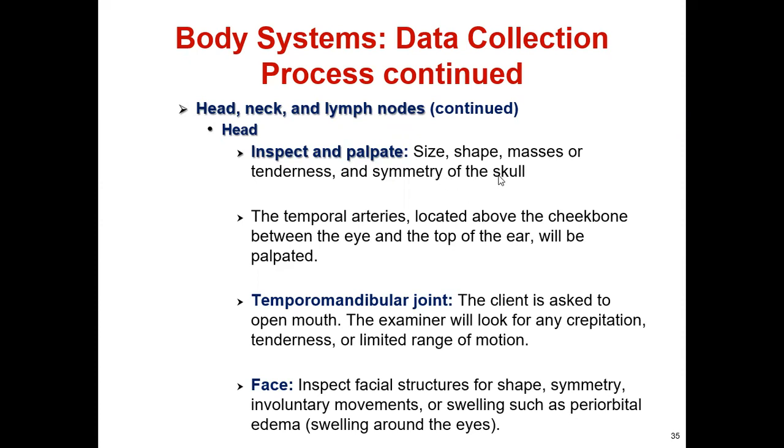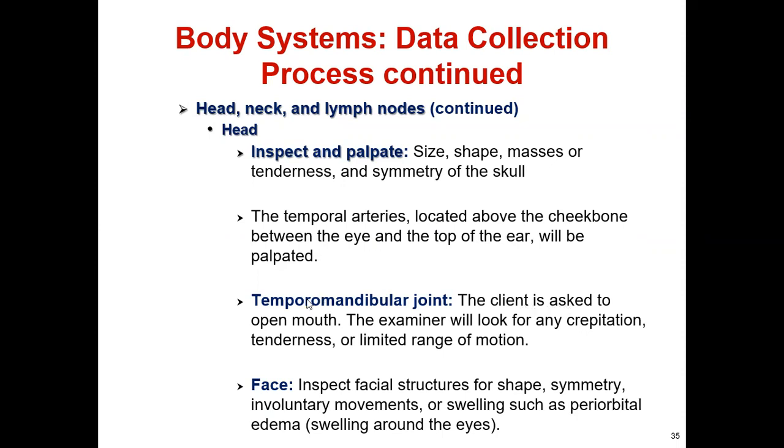When we simply inspect, you see whether the face on both sides is symmetrical or asymmetrical. Is any mass present or not? Is the skin color normal or not? The temporal artery we check is located above the cheekbones between the eye and the top of the ear. Temporomandibular joint, a big joint in the head neck area, we have to check it.